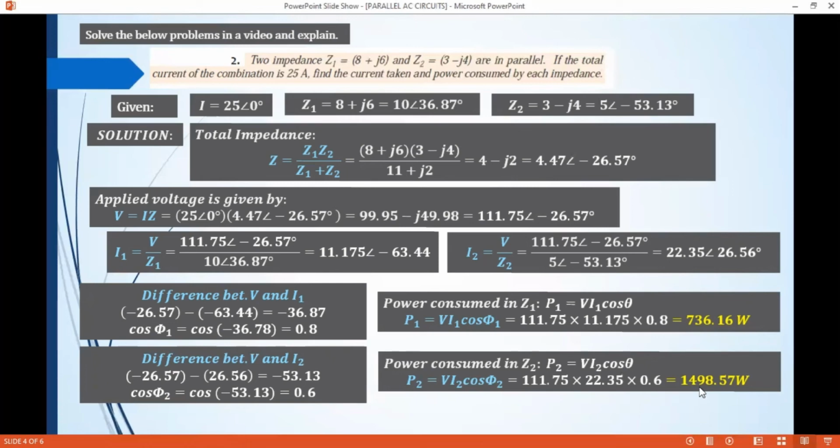So that is the answer for number 2, the question asked, find the current taken and the power consumed by each impedance. So this is the answer, and the current taken here is given. So we have I1 and I2.